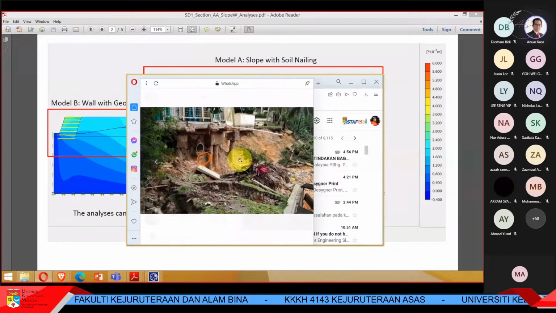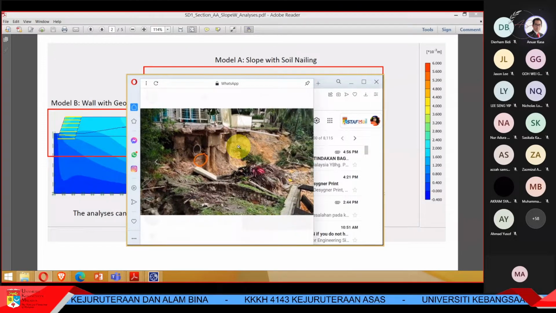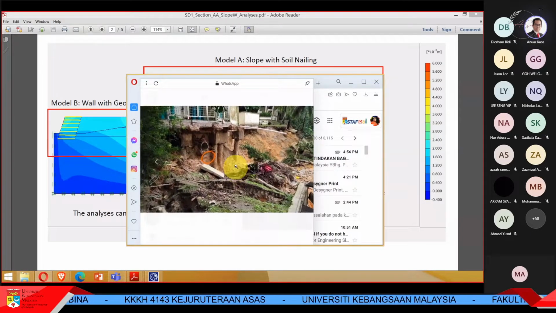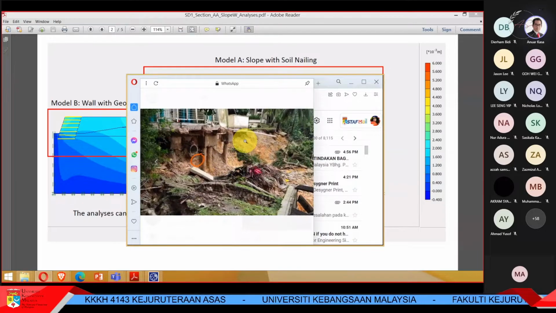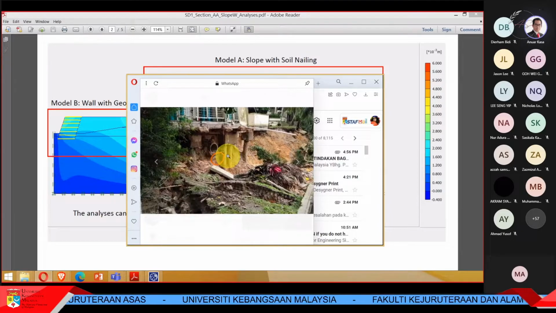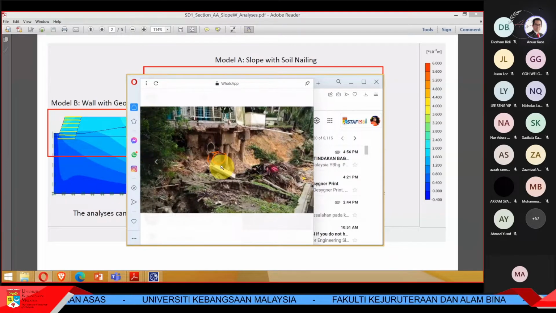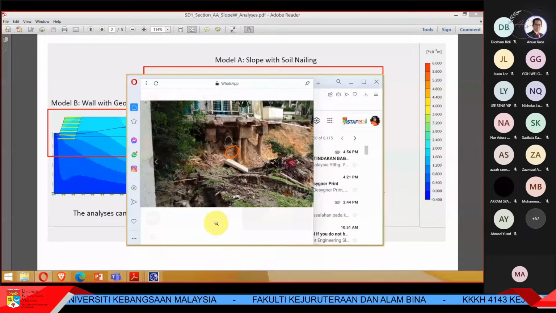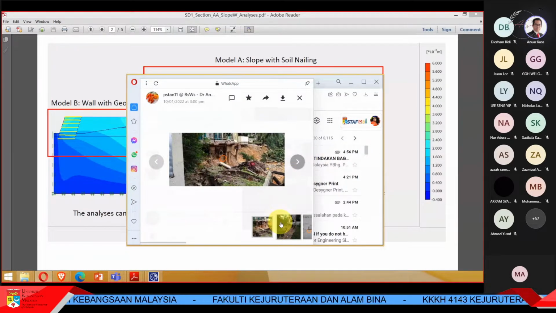This is the pile foundation actually being exposed by the landslide or slope failure. So I was supposed to do some forensic analysis of this problem. So I need to get the geometry and so on.